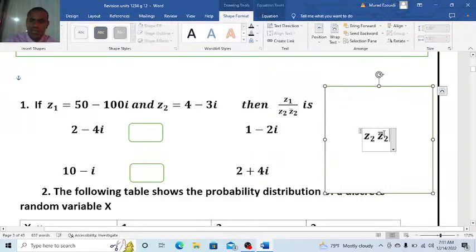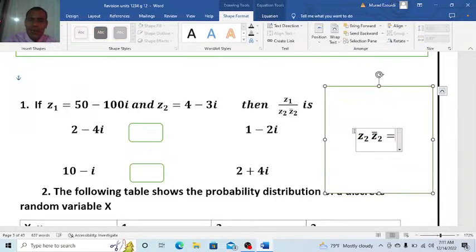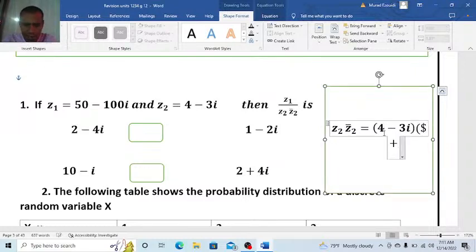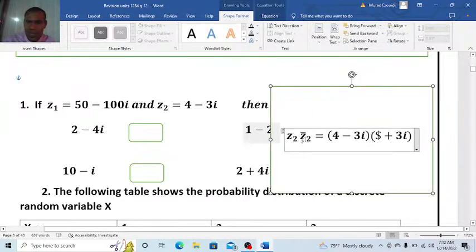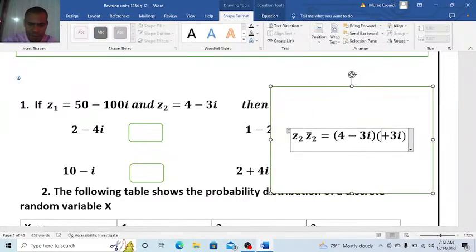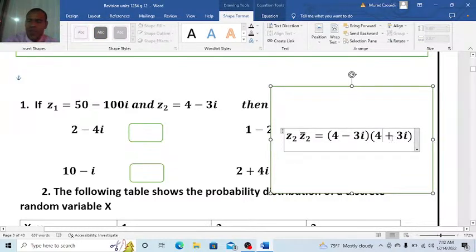I will write Z2 equal 4 minus 3i multiplied by 4 plus 3i, which is the conjugate of the complex number Z2. So 4 multiplied by 4 is 4 squared.